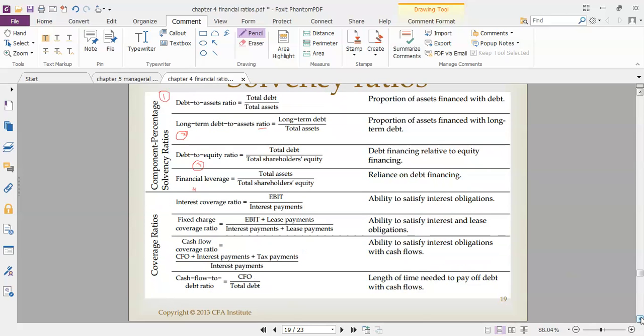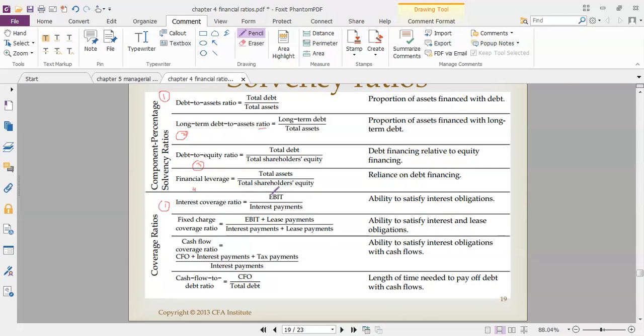The coverage ratio consists of four formulas. The first one is the interest coverage ratio. To calculate it, we use EBIT, earnings before interest and taxes.